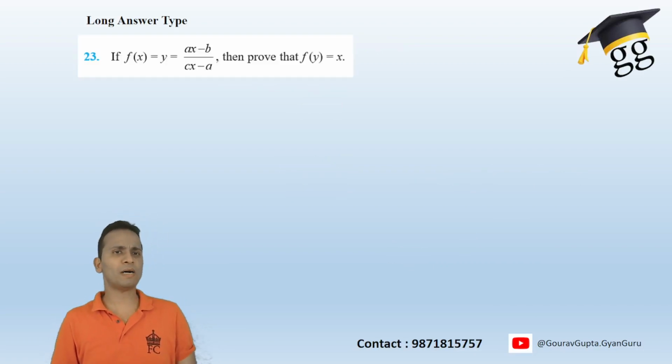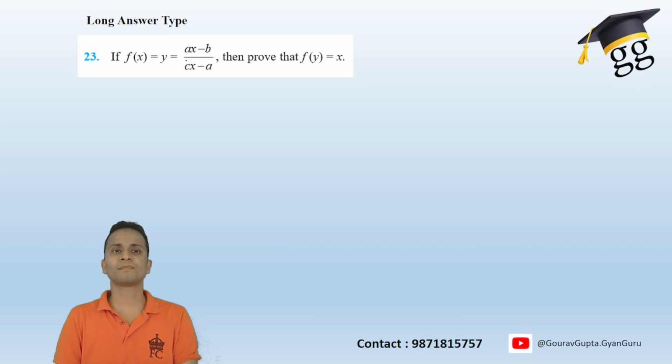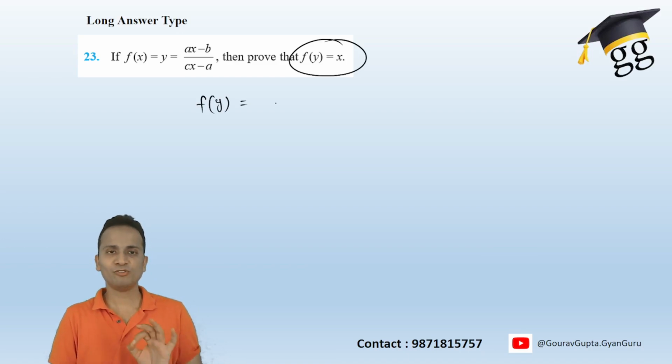Moving on to the last part, question number 23, the last long answer type question. So you are given that f of x is equal to y, and y is equal to ax minus b upon cx minus a. I will have to prove that f of y is equal to x. Now, first of all, let us write f of y.